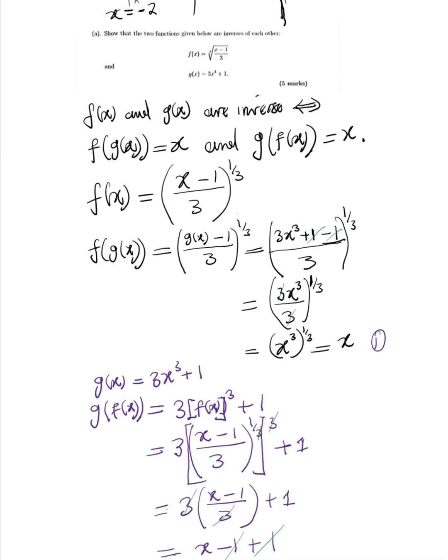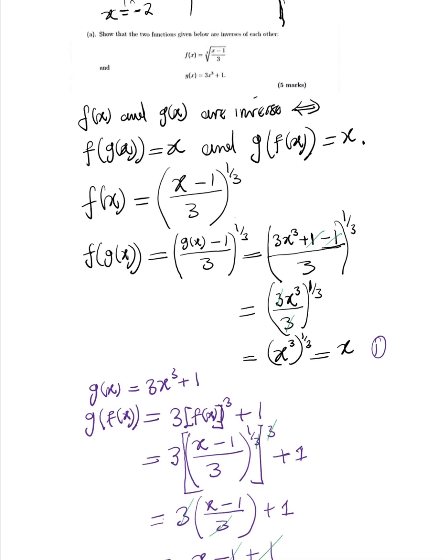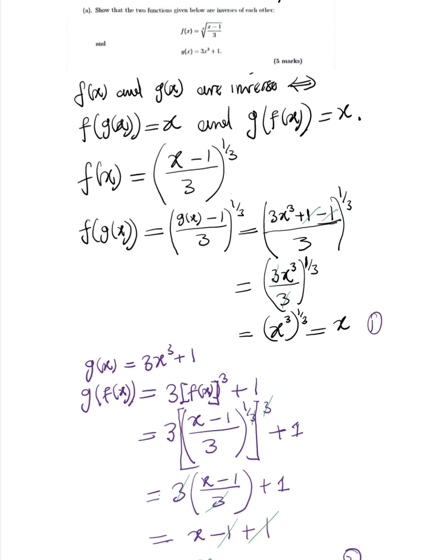The next question, I want to show you how to show that two functions are inverses of each other. Now, f and g are inverses of each other if and only if the composite function of f and g of x is x and the composite function of g and f of x is equal to x. Now, the function f, which is the cube root of that, can be written as the function raised to the power 1 over 3. So you compute f of g of x by setting x equal to the function g of x.